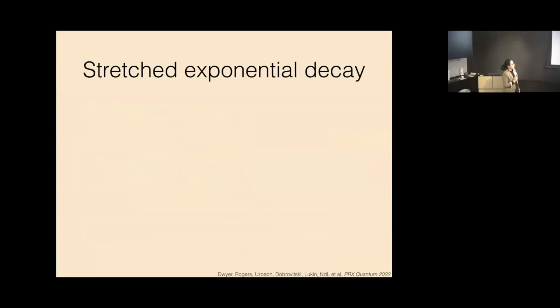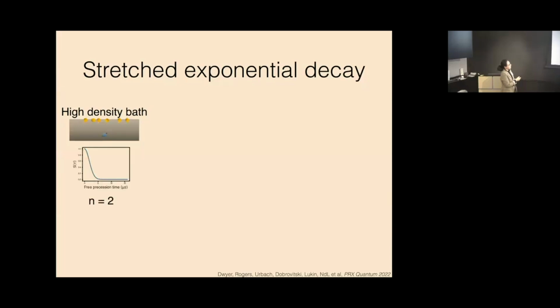Okay, so how would I get a stretched exponent with an n less than 1? So let's say I had some way of reconfiguring the actual spatial distribution of this bath. And sometimes the NV center is stochastically seeing a high density bath, and that gives me some coherence decay which is going to fit to an n equals 2, but it has some short coherence time.